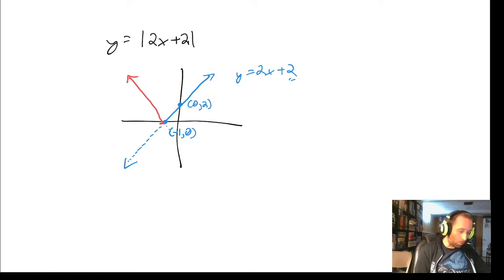Well, what's this function? This function is what would happen if I took the bottom portion of y equals 2x plus 2. When I say the bottom portion, I mean the part that's below the x-axis here, and I were to reflect it. Oh, changed my pen here.